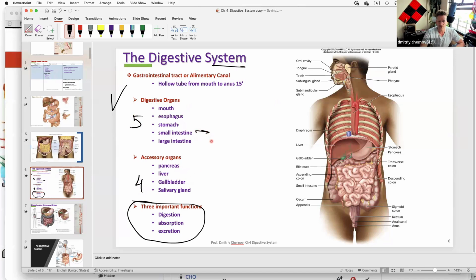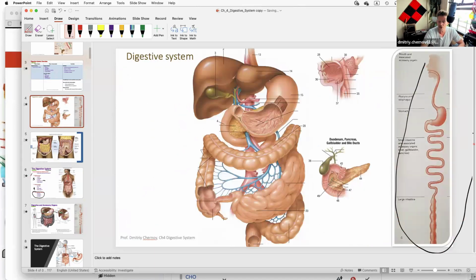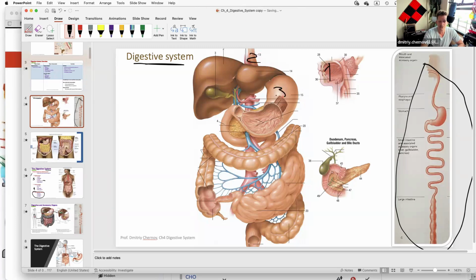Digestive organs are the mouth, esophagus, stomach, small intestine, and large intestine. That's this tube. So all you see here are the digestive organs of the digestive system: mouth, esophagus, stomach, small intestine, large intestine. There are 5 of them.